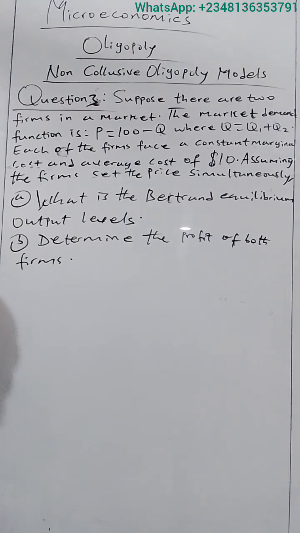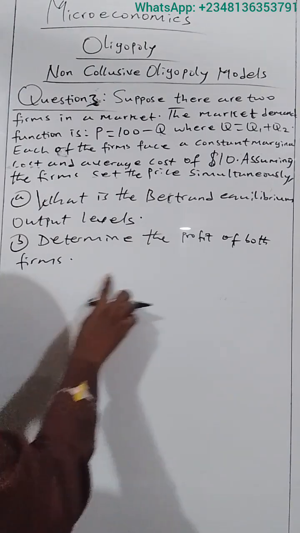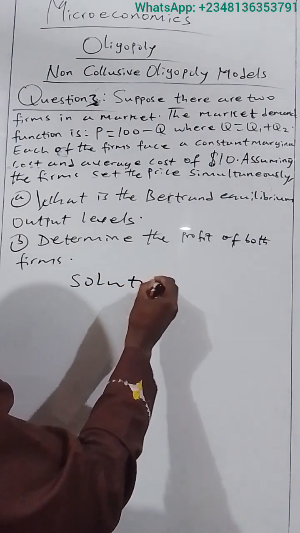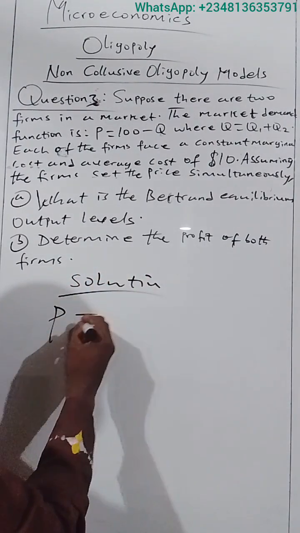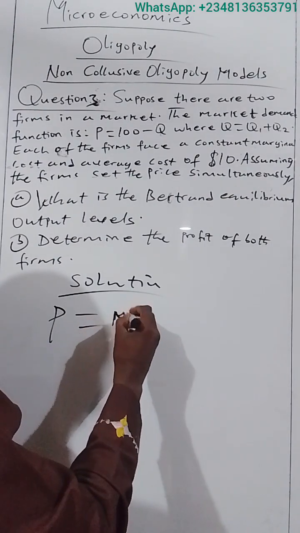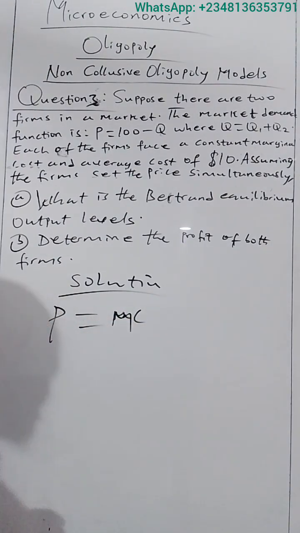In the Bertrand equilibrium, the market behaves like a perfect competition. In other words, the equilibrium is determined by the equality of price and MC. And don't forget, this is the equilibrium condition for a perfect market, and this is what we are going to use.